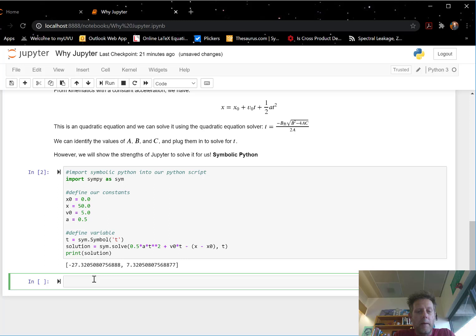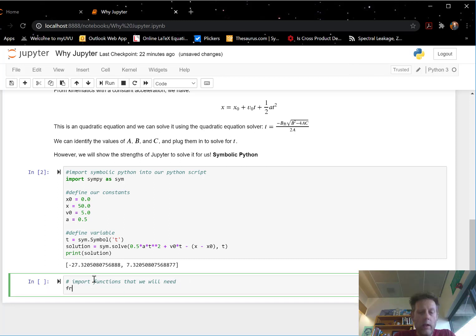Let's say we want to make a plot. So we're going to import functions that we will need for plotting. Okay. There's something called matplotlib. I will talk more about that in a different video.